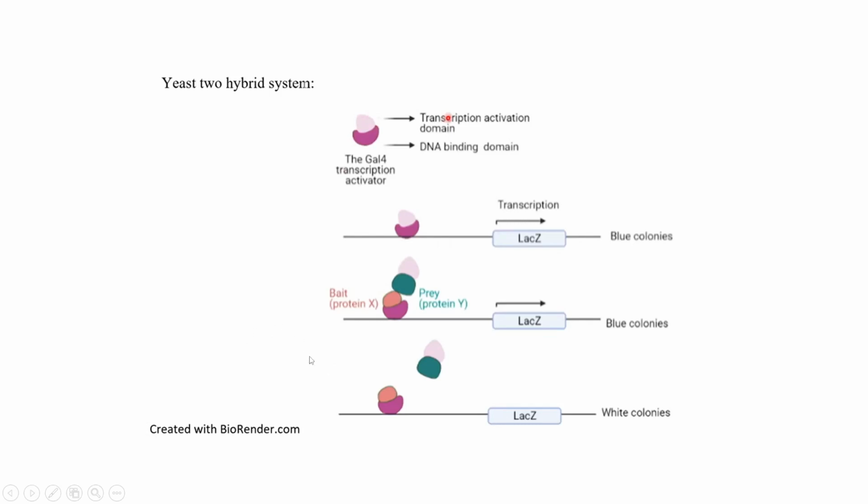Then you need to block the cells by using skim milk or BSA, bovine serum albumin. You block the cells against different proteins, so the regions which do not correspond to the protein will be blocked, and then you add an antibody specific to the protein you want to detect.